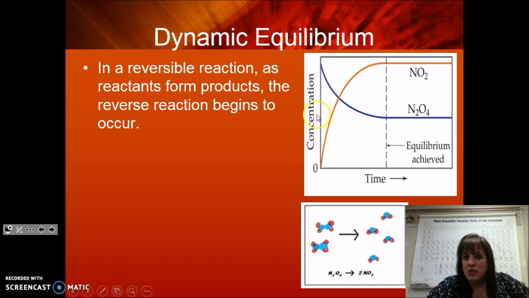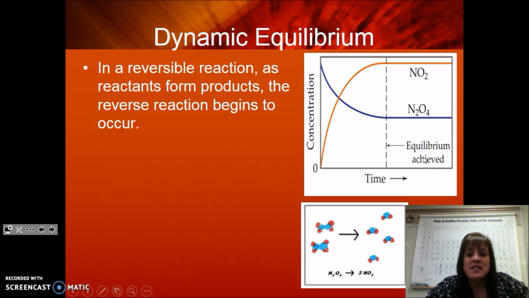So on my concentration versus time graph, we can see that the amount of reactant decreases as the amount of product increases. Now, eventually we get to this point where those concentrations don't change anymore. So eventually I get to a point where the amount of each stabilizes, and this is called equilibrium.